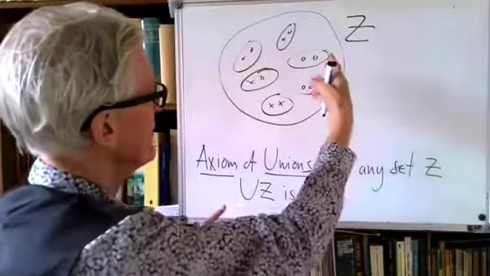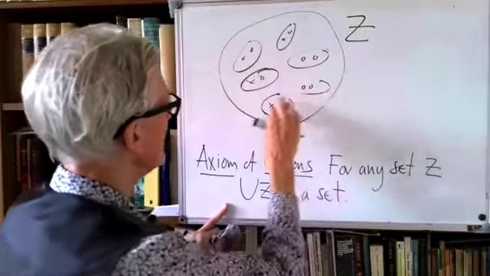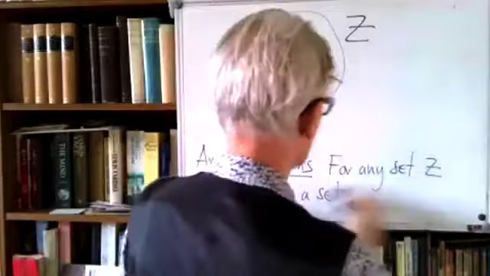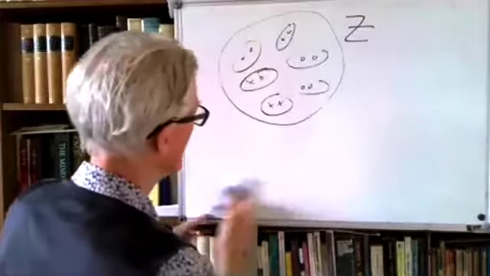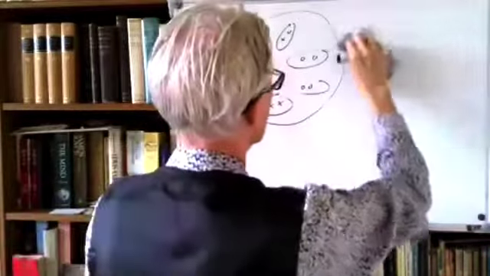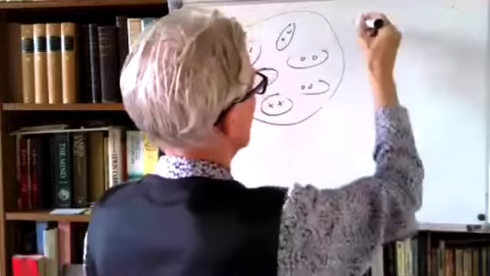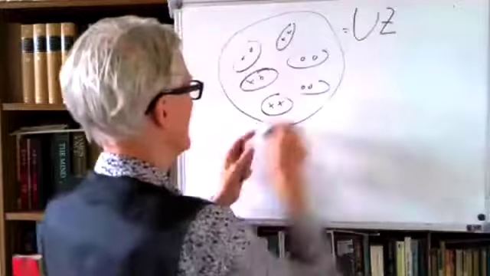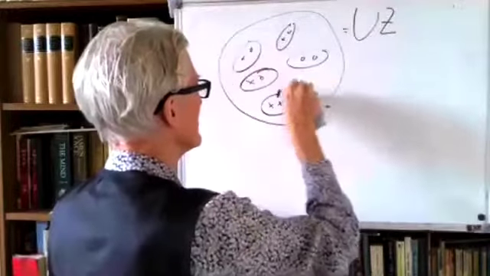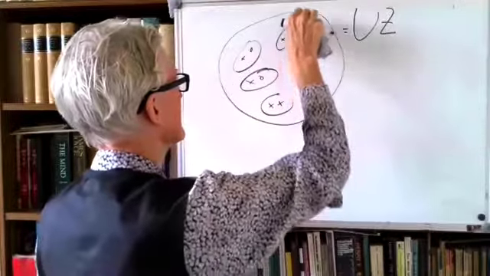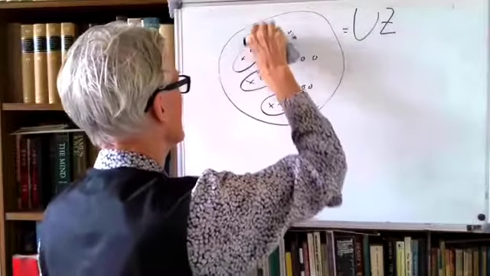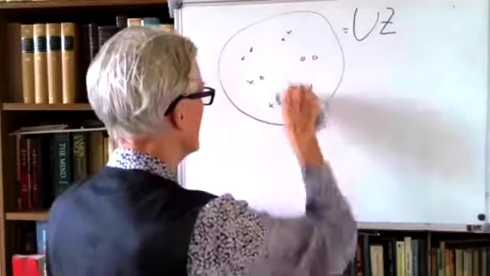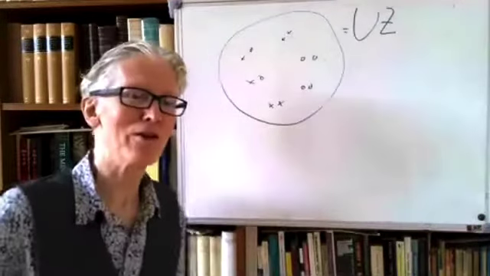Then the big union of Z is just a collection of all of the gadgets that are in there. So I can write big union of Z is just this, right? All I do is put all of these things together. That's what the big union of Z would be.